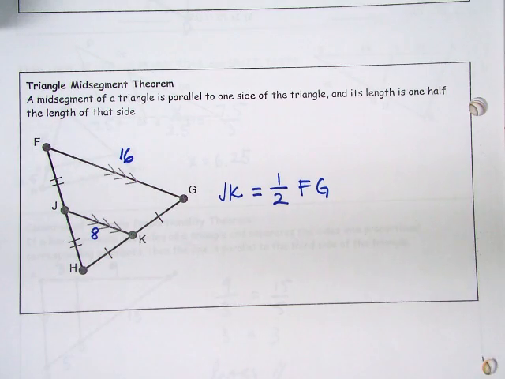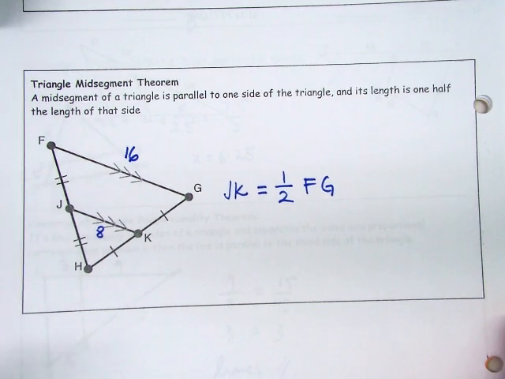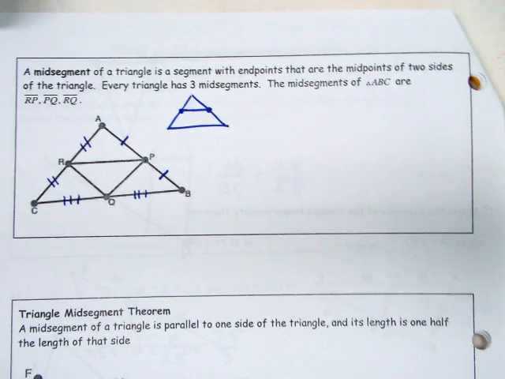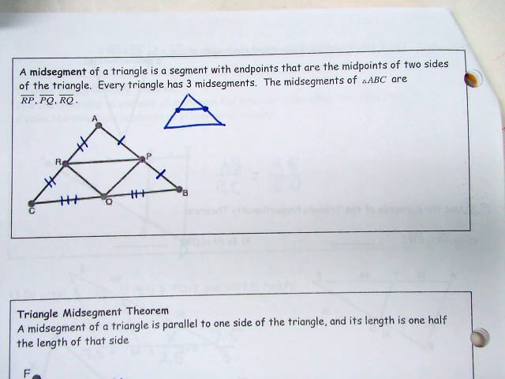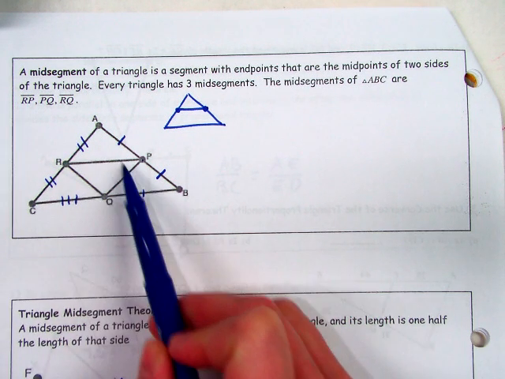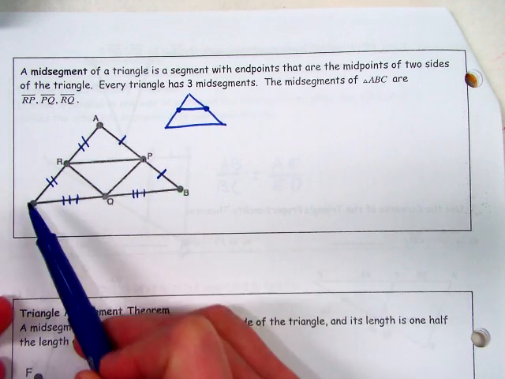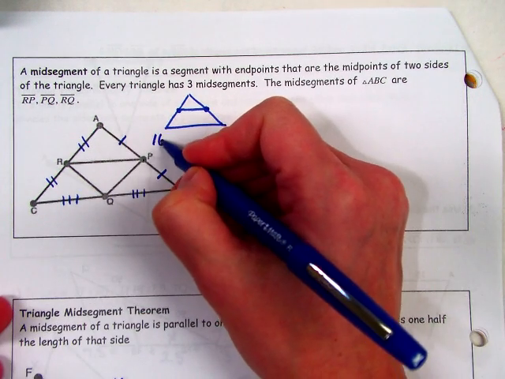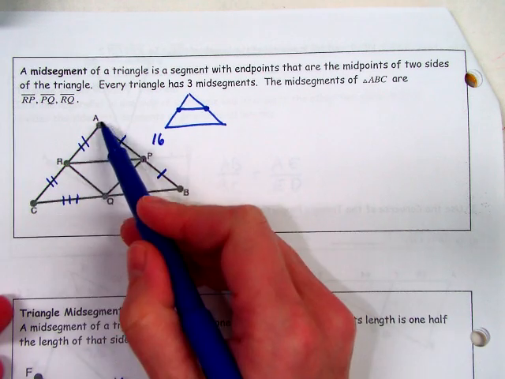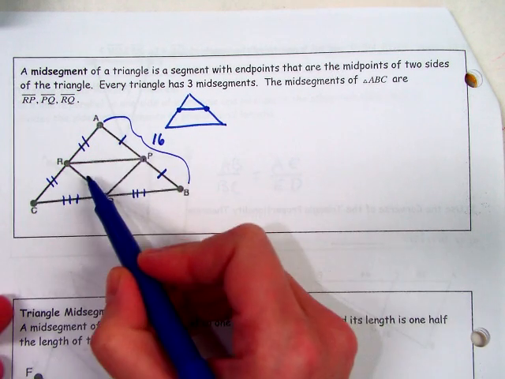What this translates to, or it actually is very useful, is when you're solving a problem like this. For example, you are able to find the perimeter of this little triangle based on the sides of the big triangle. If I said that the whole side AB is 16, then I know that this is 8.